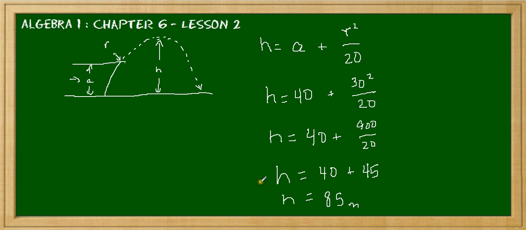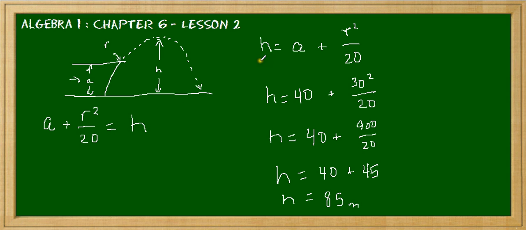Now we're also going to be given here, solve this formula for A in terms of H and R. Okay, so you know how to do that. All we would do is move things from the left to the right, and this one's pretty easy. Let's see, A plus R squared over 20. Okay, and that's equal to H.